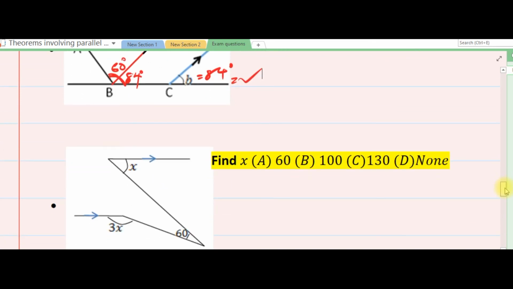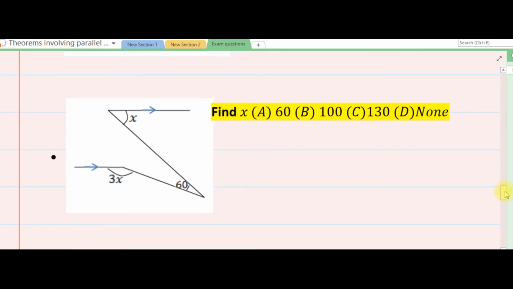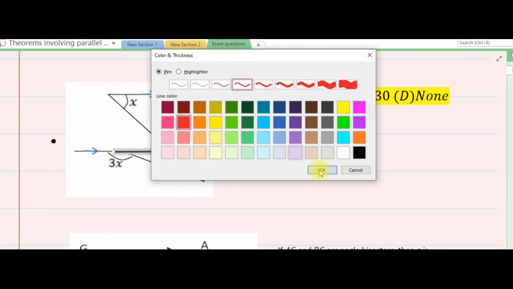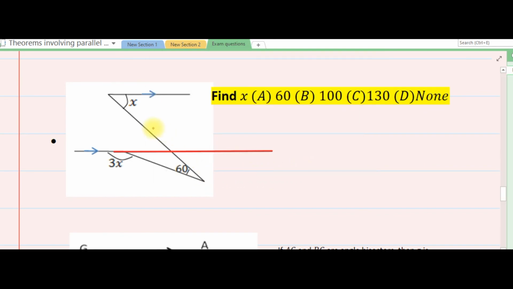So the next question, we are given this. We are asked to find the value of x. The only way I can, this is a parallel. So let me extend this parallel line. So I've extended this line.